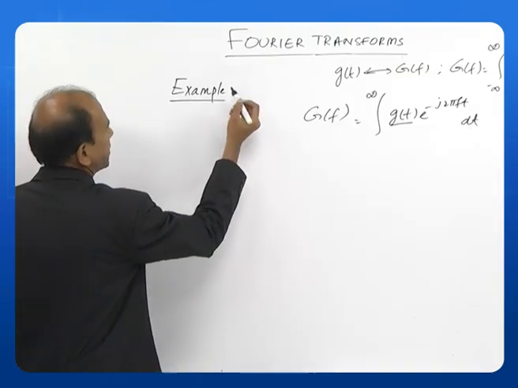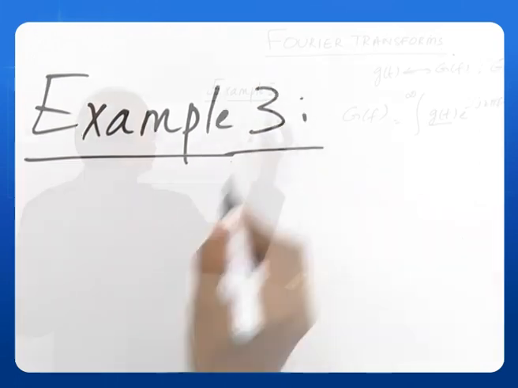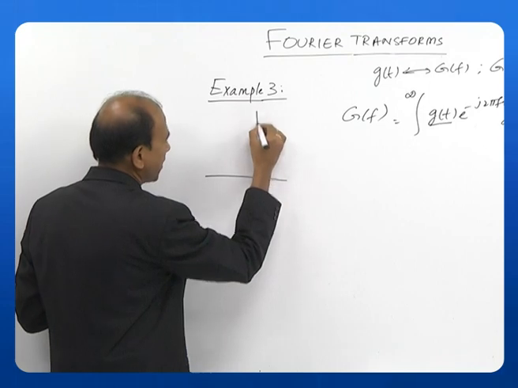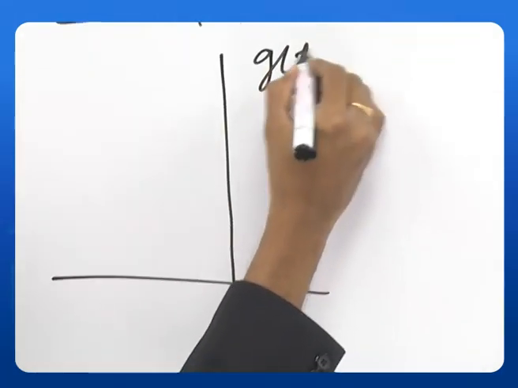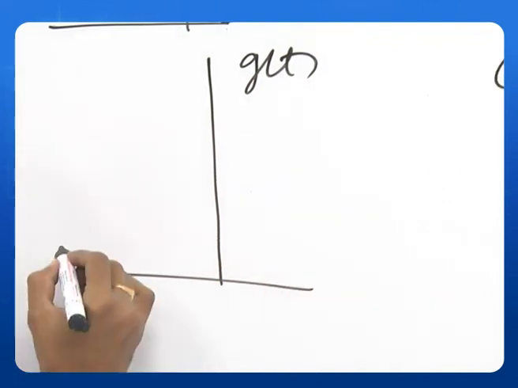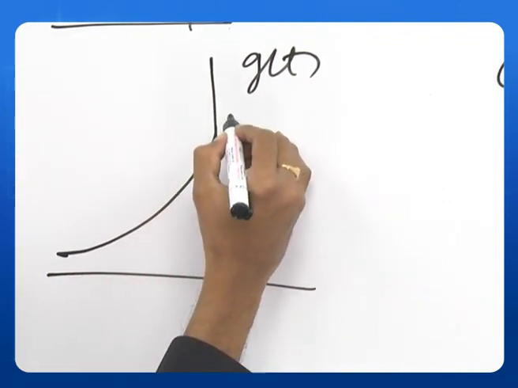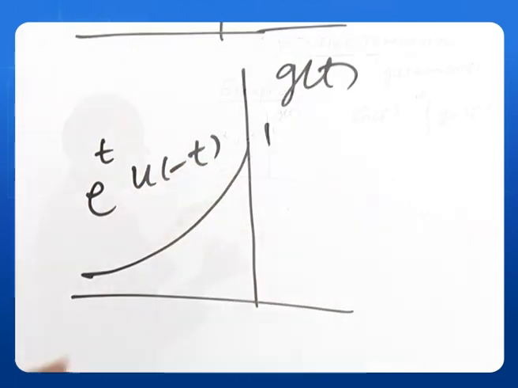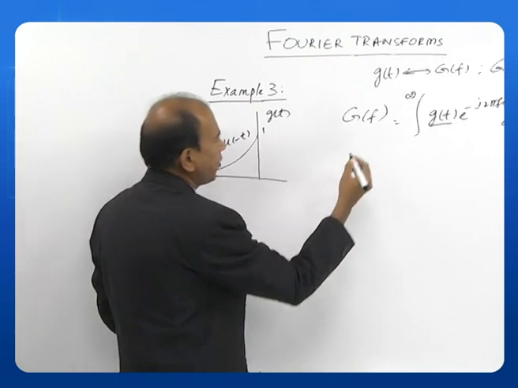Okay, let us take a third example and see an extension of the earlier example. Now, let us take a function again g of t. The earlier example was an exponential decay function. Let us say it is an exponential rising function. So, this is e to the power of t u of minus t. Okay. So, what will be the case here?